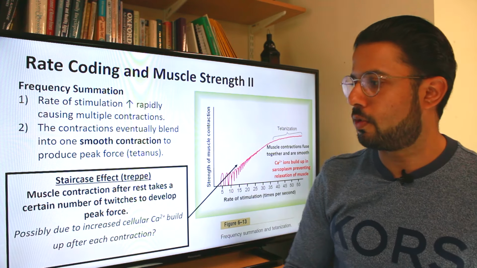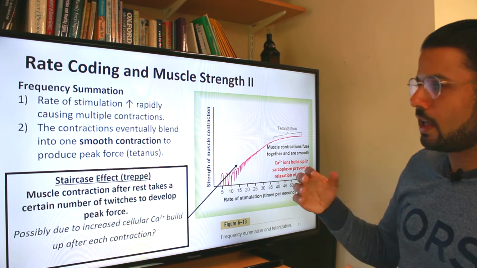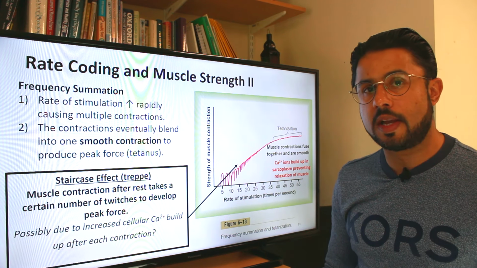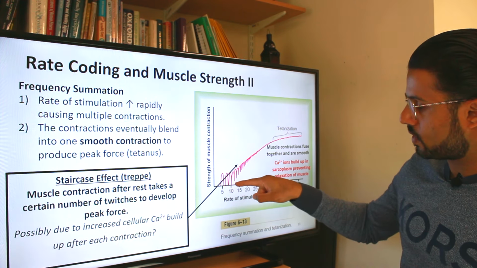There is this concept called the staircase effect, or treppe, and essentially what happens is that when you're at complete rest and you start to build up the electrical input going to the muscle, so you're going to be lifting a very heavy bar, then the force that's produced at these low frequency stimulations is going to be much less than when you get to the higher end, to 40 to 50 rates of stimulation per second.